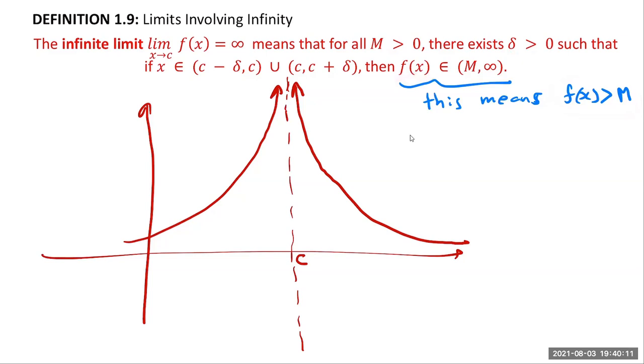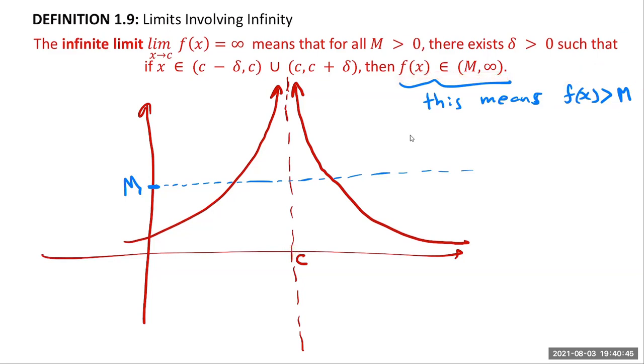For example, let's take your m value to be somewhere here, 1 billion or something, some very large number. Then I can draw a horizontal line like this. Then can I find a delta punctured neighborhood around c so that if my x is in that neighborhood, my f of x is bigger than m? Can I find such a delta?